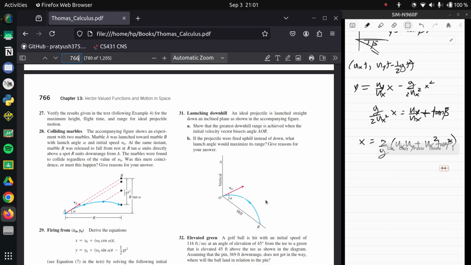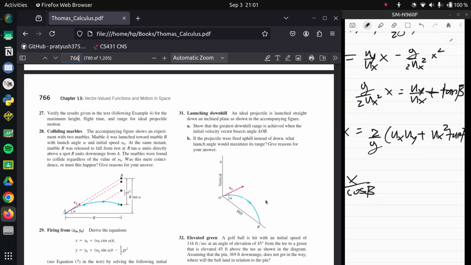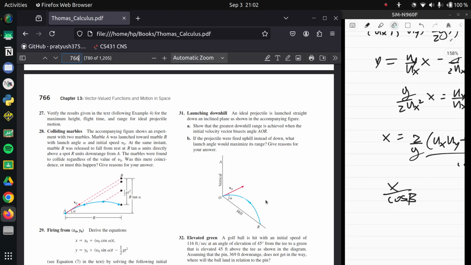It's just so hard to erase all this. Which is square root of 1 plus tan beta square, like secant of beta, which is 1 upon cosine of beta. It's really frustrating. So this stuff upon cosine of beta, that is your distance, right?